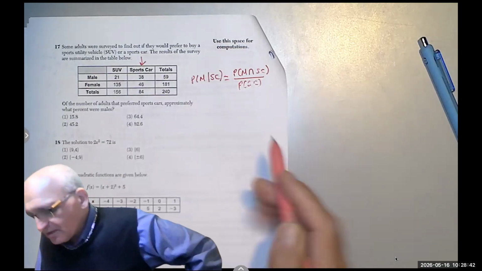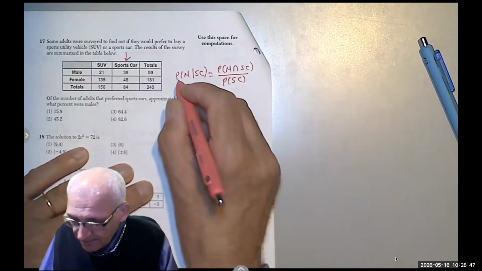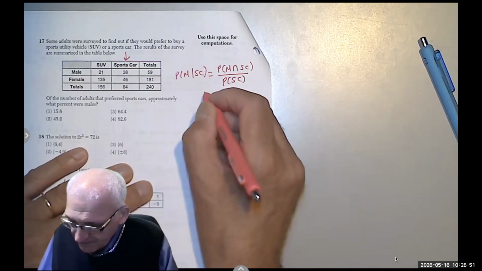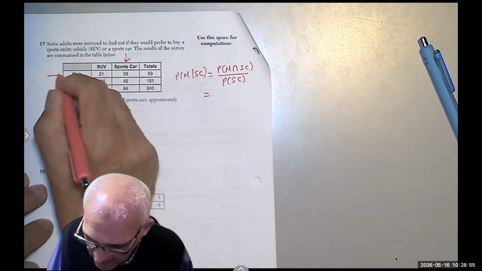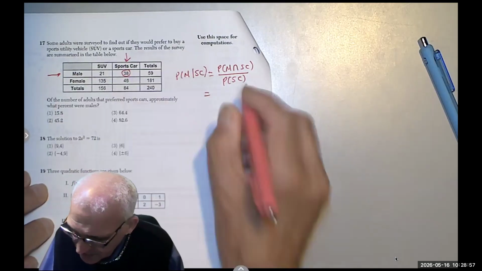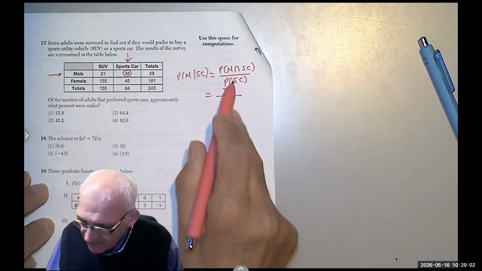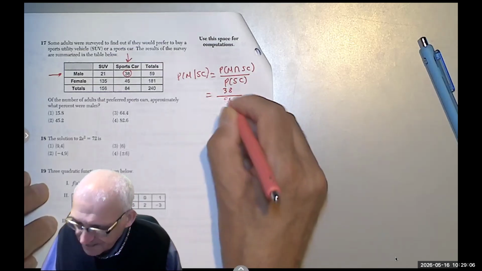Well, when you talk about probabilities, you can translate that into numbers. So it becomes the number of males and sports cars. Here are males, here are sports cars, so it's 38 divided by the number of the people who like sports car, which is 84.